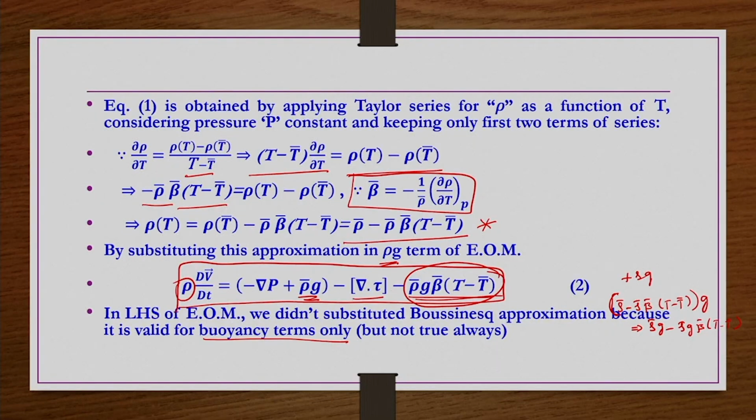But for the time being, for our chemical engineering problems, we are not doing it. We are replacing rho by rho bar minus rho bar beta bar (T minus T bar) only in the right hand side, in place of the rho g term.